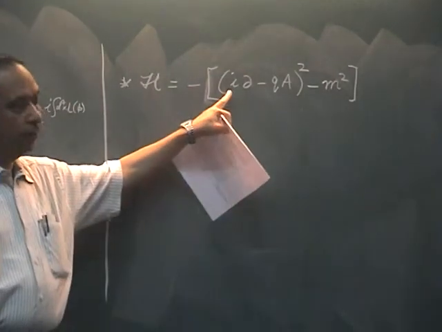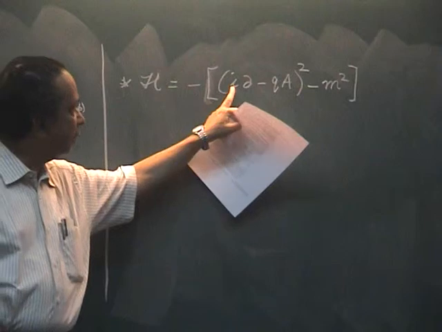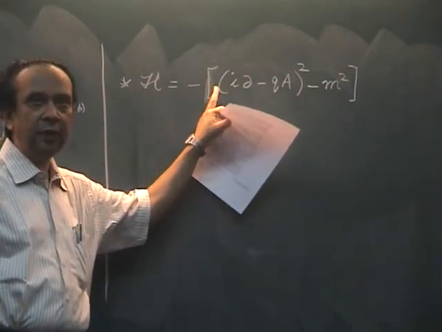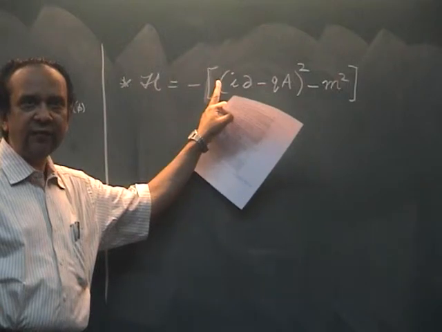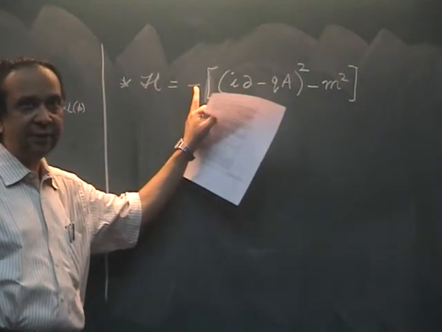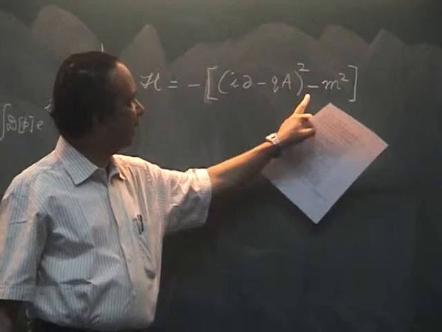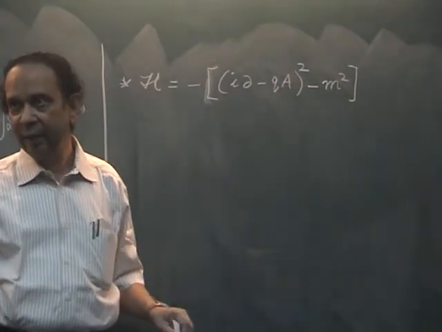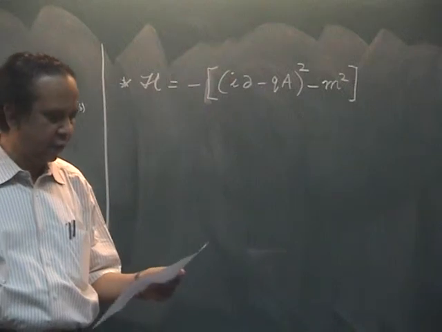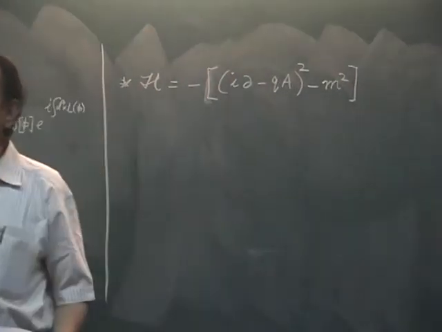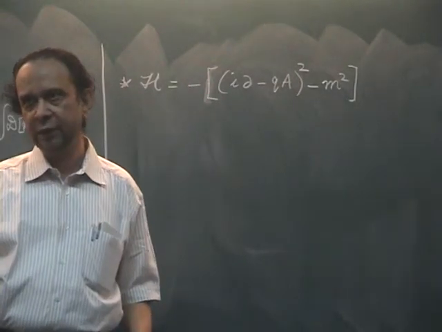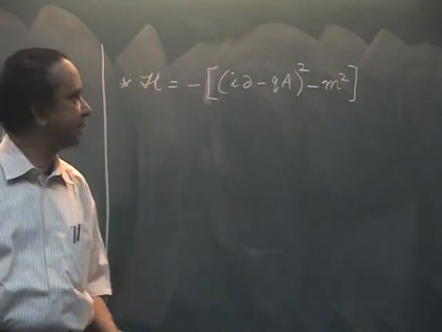Now, previously we used to write it without this i, which means that if I take this i out, I'll get a square of that which is a minus sign, that will cancel with this, and this will become plus, and this will become d plus iq A, but that is the same thing. So if you work this out in this notation, it turns out to be slightly easier. That is why I have written it like that, because i del can be identified with momentum, okay? So it is more convenient to work with this.